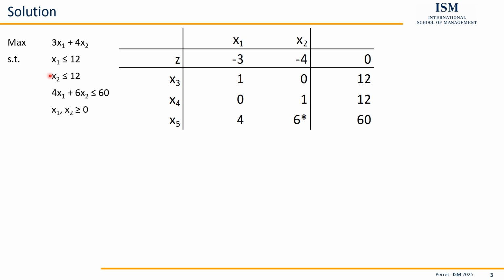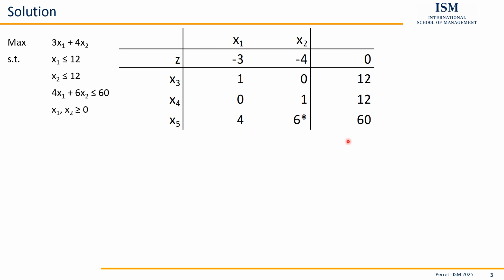So for the other two, I do exactly the same. Here I have 0x1 plus 1x2, so 0, 1, and 12 on the right side. Here it's a bit easier. I have 4 for the x1 column, 6 for the x2 column, and 60 on the right side. So with this, I've fully prepared my table.